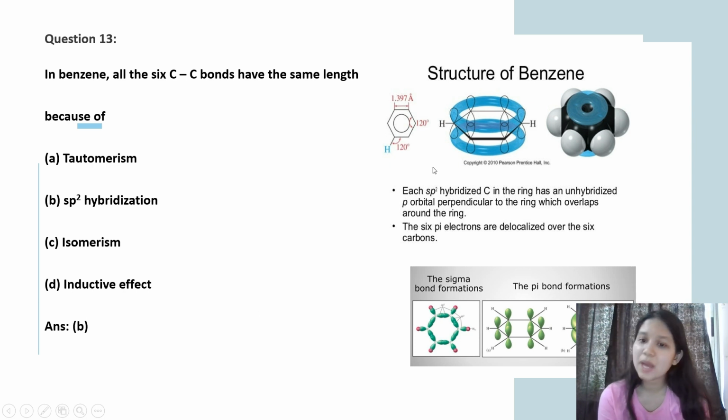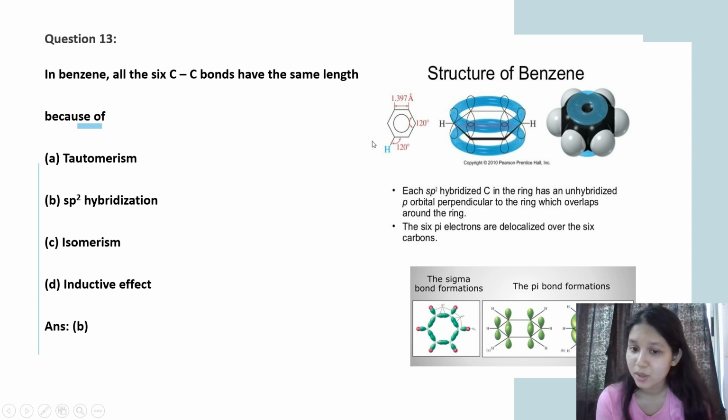Each sp2 hybridized carbon in the ring has an unhybridized p orbital which will be perpendicular to the ring, and it overlaps around the ring. The two lobes of the unhybridized p orbital you can see above and below the molecular plane, and these two lobes undergo lateral overlap to give us pi interaction.